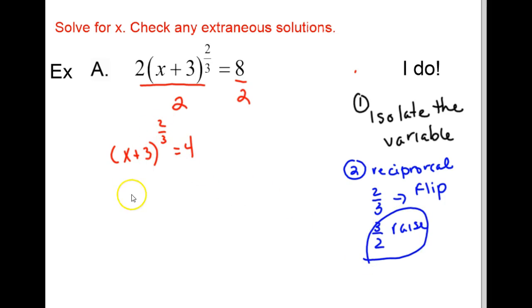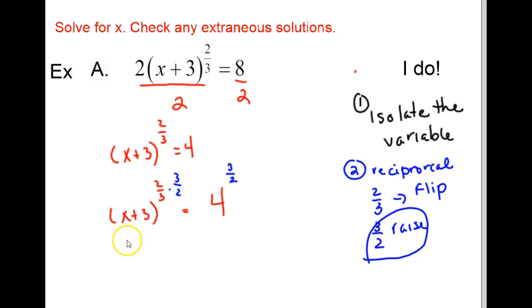So if I come over here, I'm going to rewrite this. I've got (x plus 3) to the 2/3 power, and I've got 4 over here. But now I'm going to raise this side to the 3/2, and I'm going to raise this to the 3/2. And what happens when I do this?